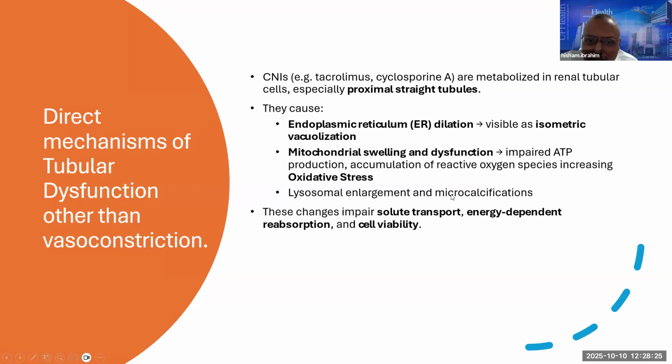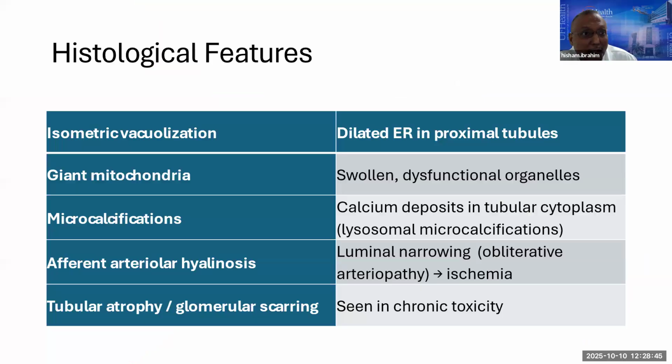In lysosomes, you do get some scattered calcifications. These are just enlarged lysosomes with microcalcifications. As a result, you get tubular damage and impairment of proximal tubular function. So apart from vasoconstriction, we have proximal tubular dysfunction.